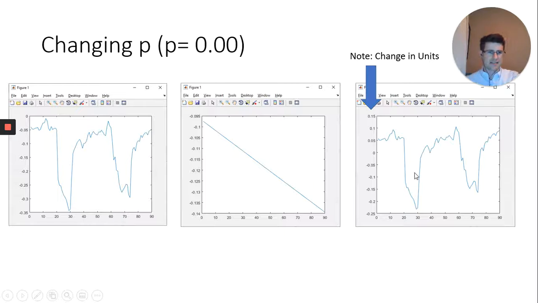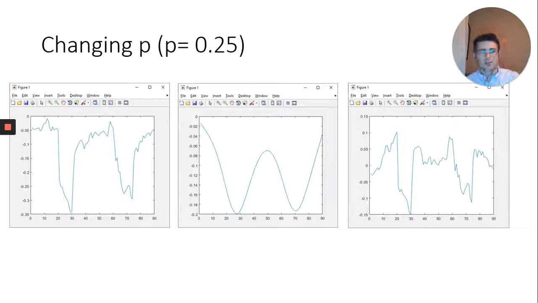The output is identical to the input, except there's been a shift in the y-axis. So it basically shifted my values up by, what, 0.1, I think. So all that happened was there was a shift in the values. The motion's still there. They really didn't do anything. So this is what a value of 0 gets you. If I have 2.5, it gives you a little bit of a fix.